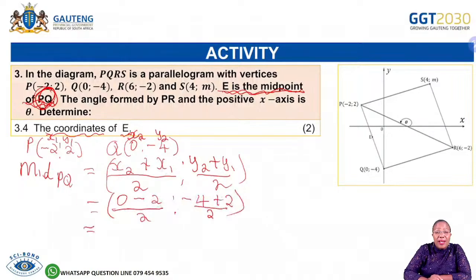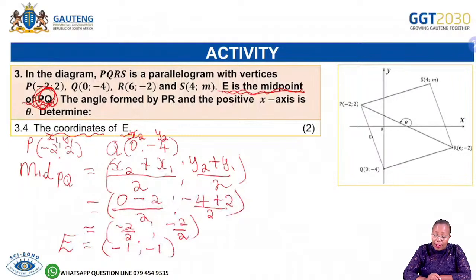So 0 minus 2 is -2 over 2, and -4 plus 2 is -2 over 2. So the coordinates of E, which is the midpoint of PQ, is (-1; -1).